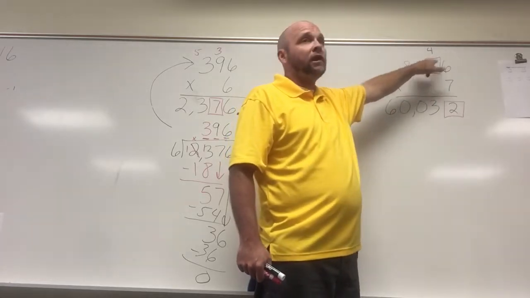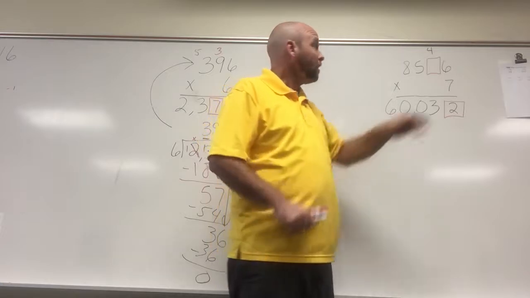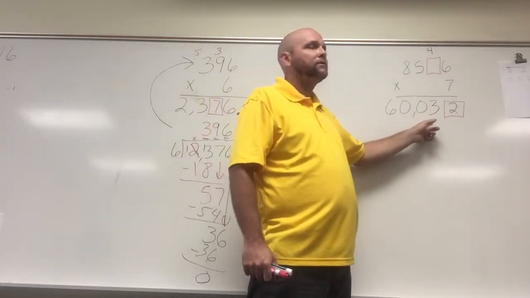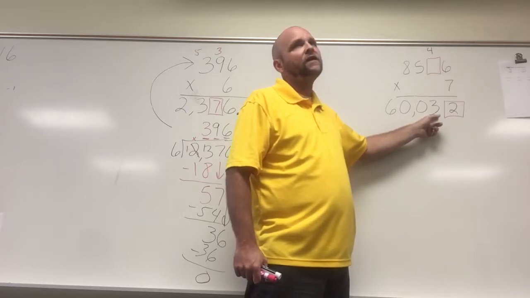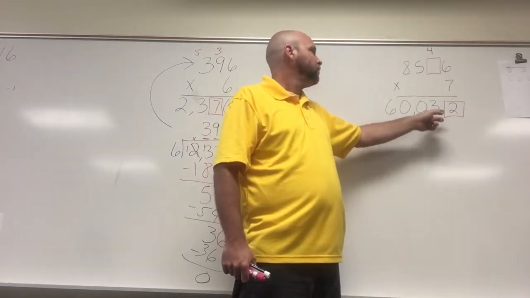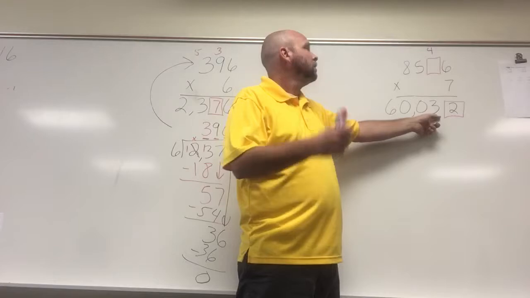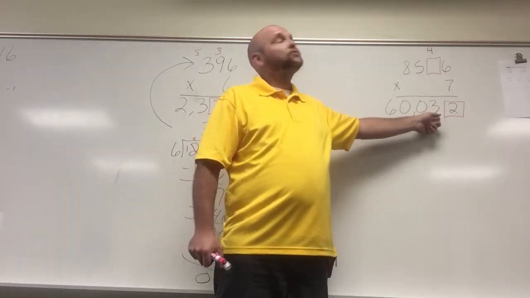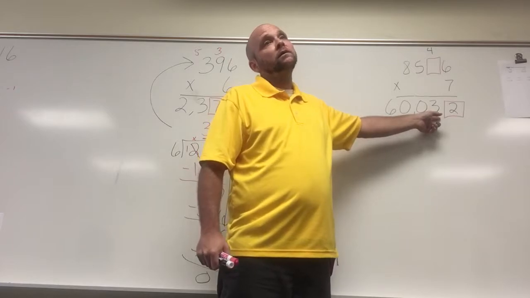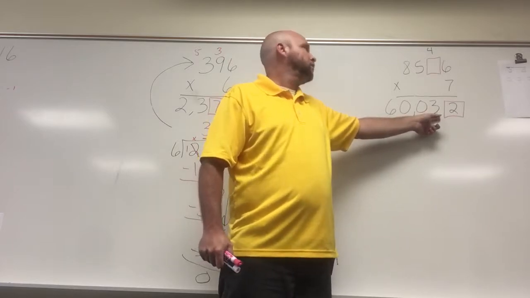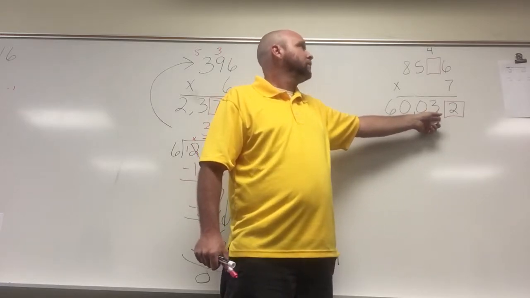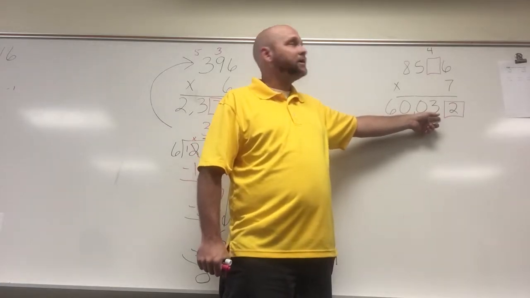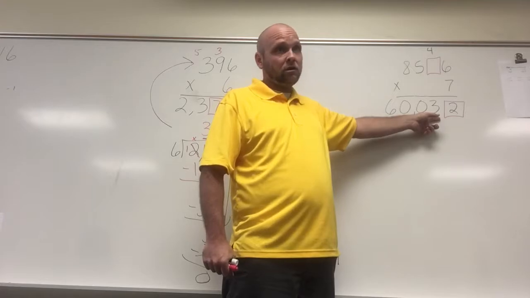7 times 3 plus 4 is 25. So that's not a 3 there. 7 times 4 is 28 plus 4 equals 32. So that won't work. 7 times 5 is 35. Plus 4 is 39.